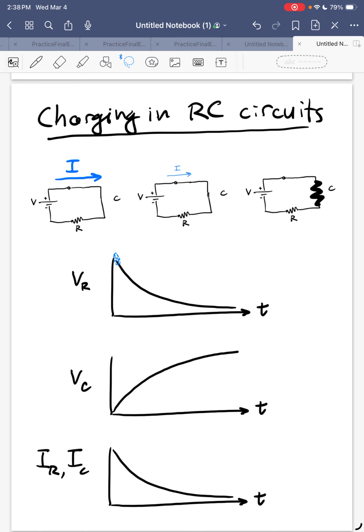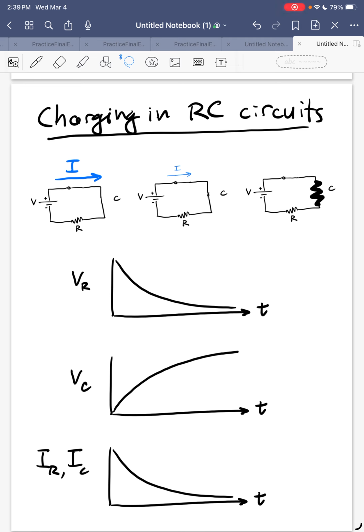Now as time goes on, the current gets less, right? So if the current's less flowing across the resistor there, then the voltage drop is going to be less. And then if you wait long enough, then there's going to be no current flowing across the resistor. So asymptotically, this will go all the way to zero if I wait long enough. So what's going to happen is the voltage across the resistor will just decline exponentially like that.